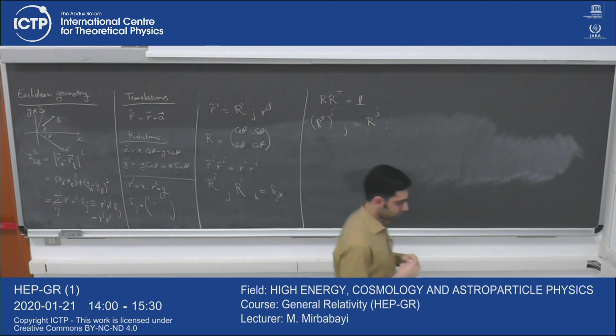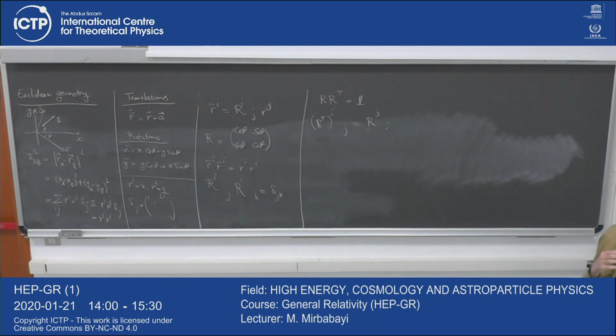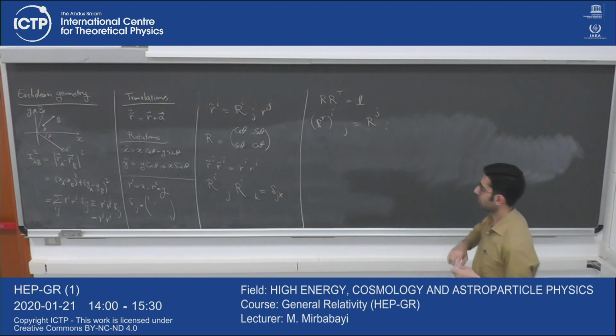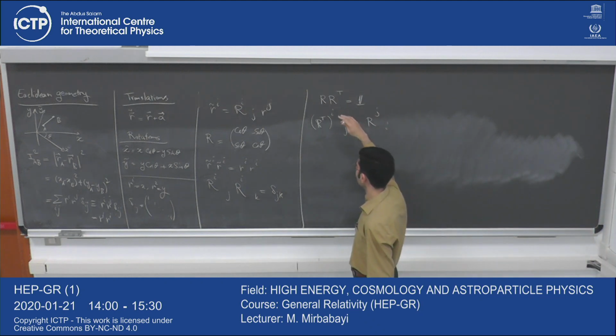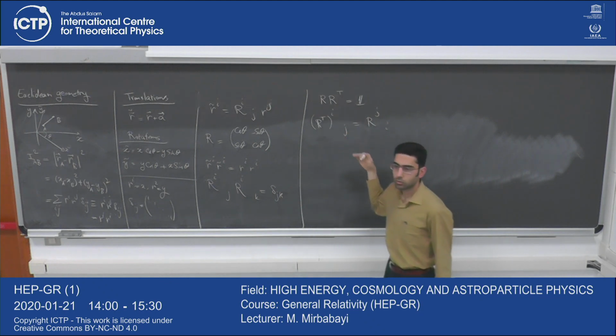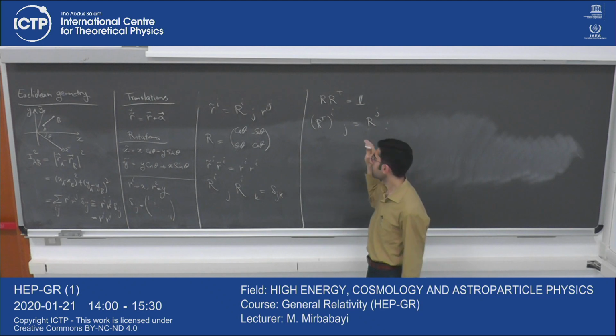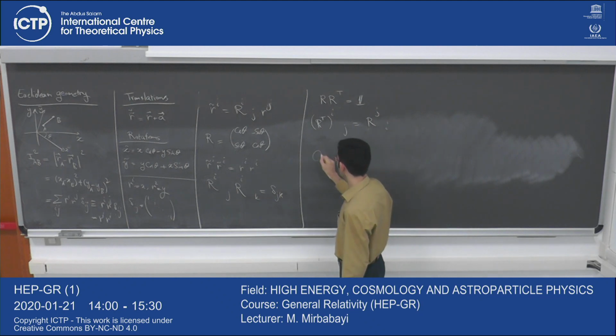Now we can consider the part of the group which is continuously connected to the unit element, and those in this case will be rotations. In general, the matrices that satisfy this condition are called orthogonal matrices, which form a group O(d) in d dimensions.